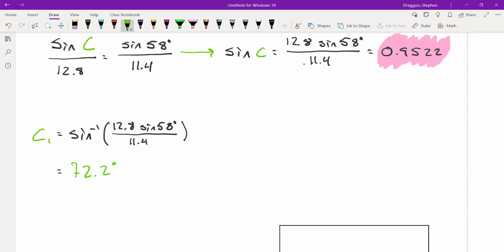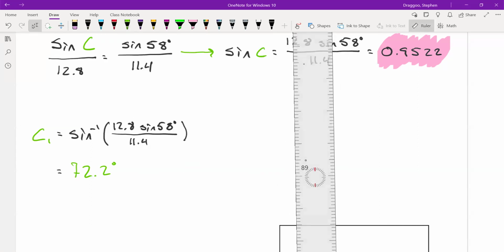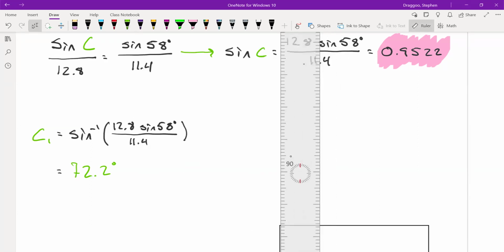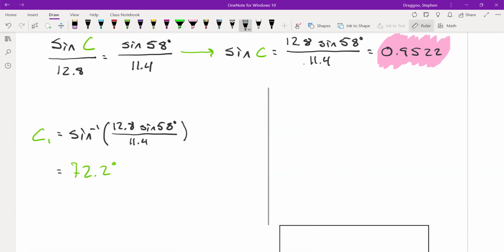The other option for C, call it C2. It's the supplement to C1, so just 180 minus 72.2.